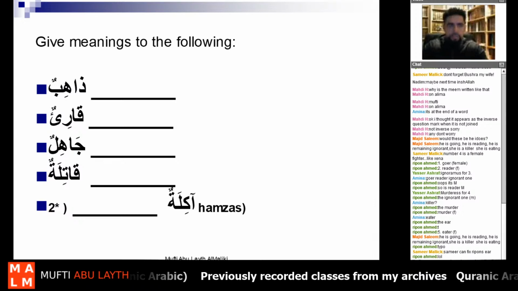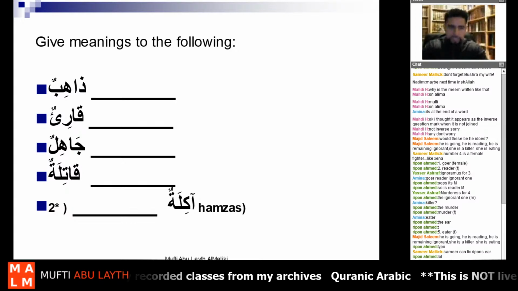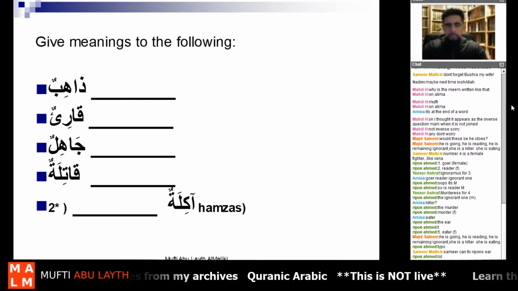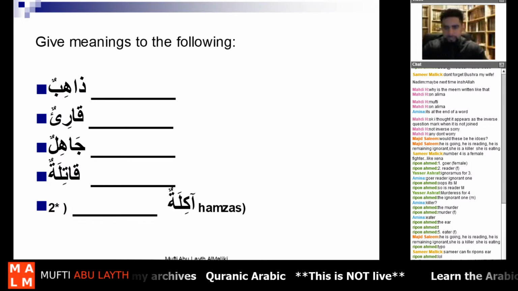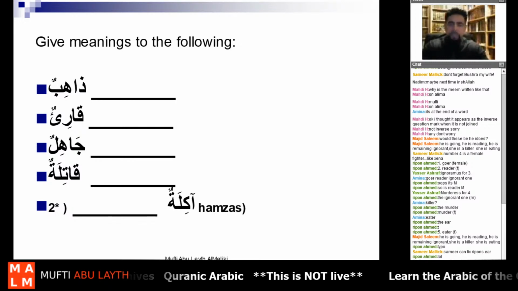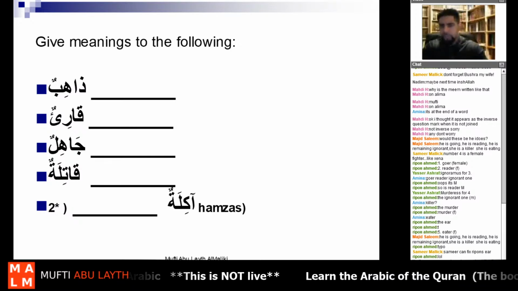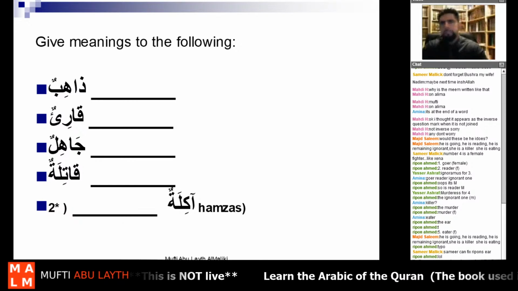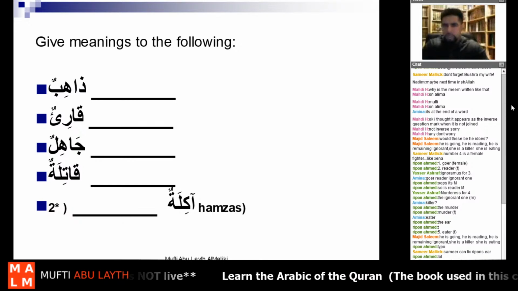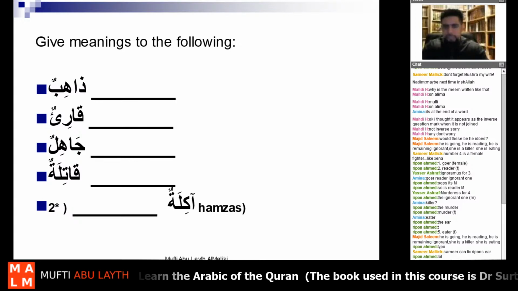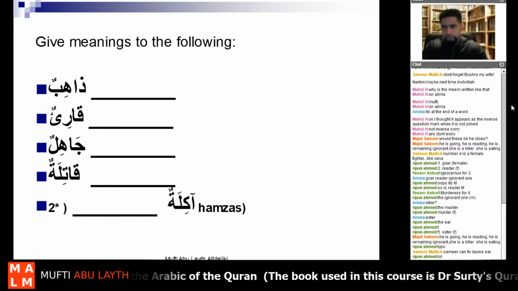Okay, so a goer, yep, a reader or reading, a killer or killing, and the last one, akila, an eater or eating. You see, if you say eating, it's not to be confused, although it may be used almost as though it's a present tense verb, but this is not a verb. These are nouns. If anything, they're like adjectives describing people.